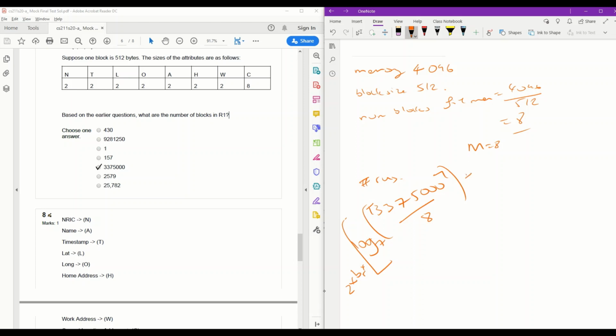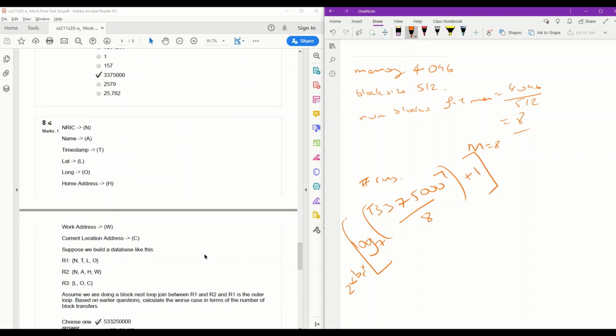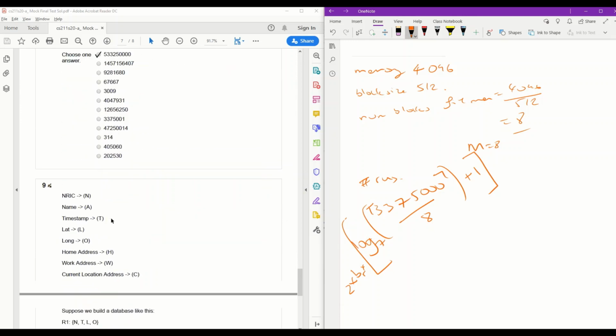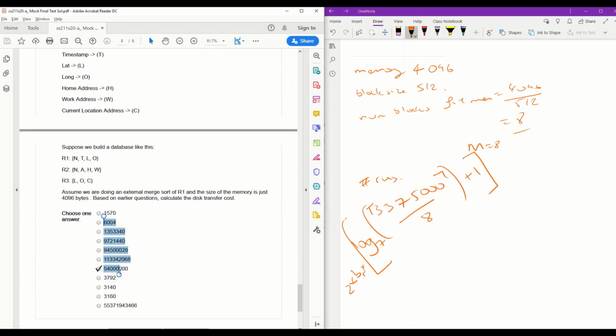I also need to add in a 1 for the initial read and write for all the blocks in my external merge sort. If I plug in the numbers for BR, which is this number over here, I should be able to get the solution that I just added, which is 54 million.